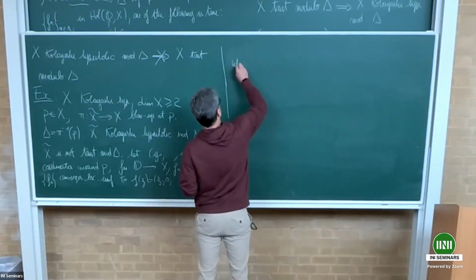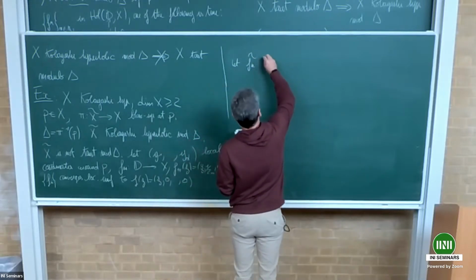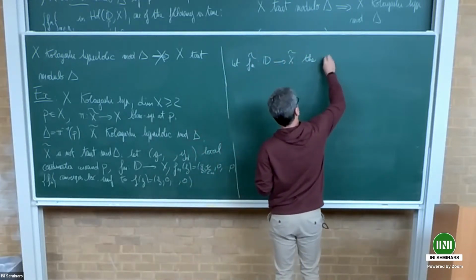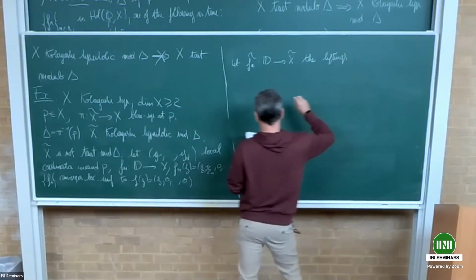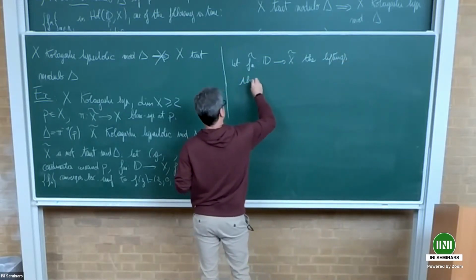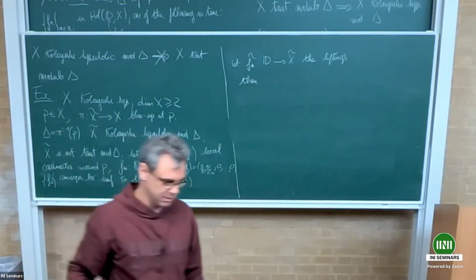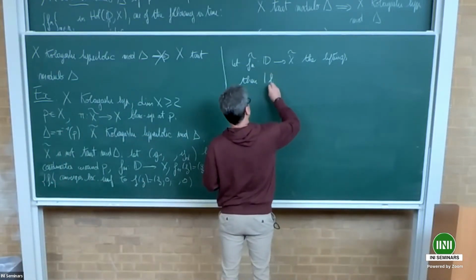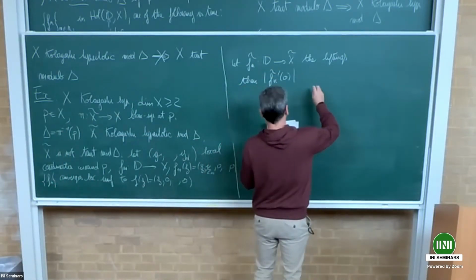So let us take the lifting. Then, if you write in local charts the lifting to the blow-up, it's easy to see that the derivative goes to infinity.